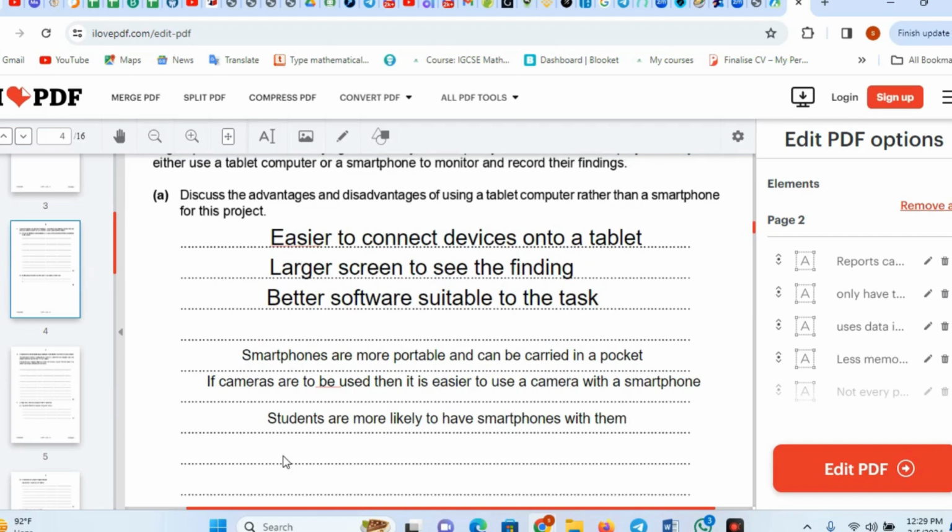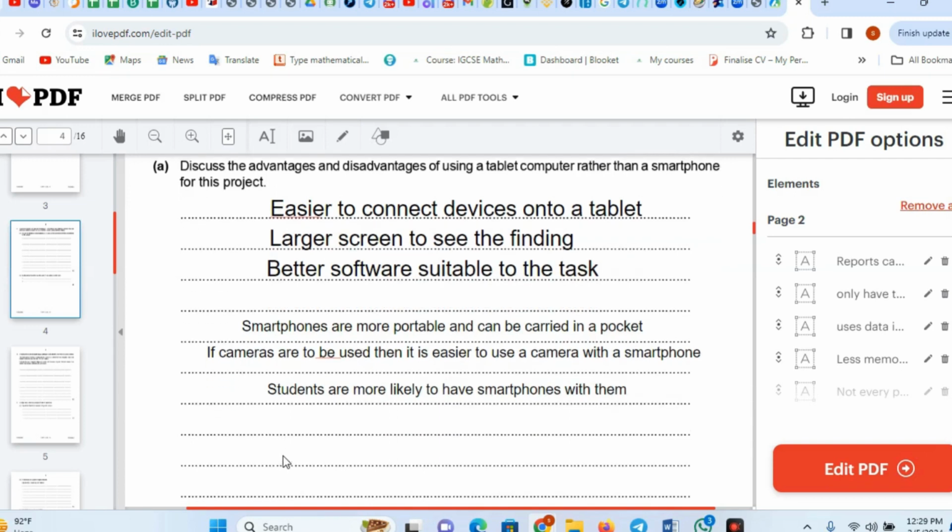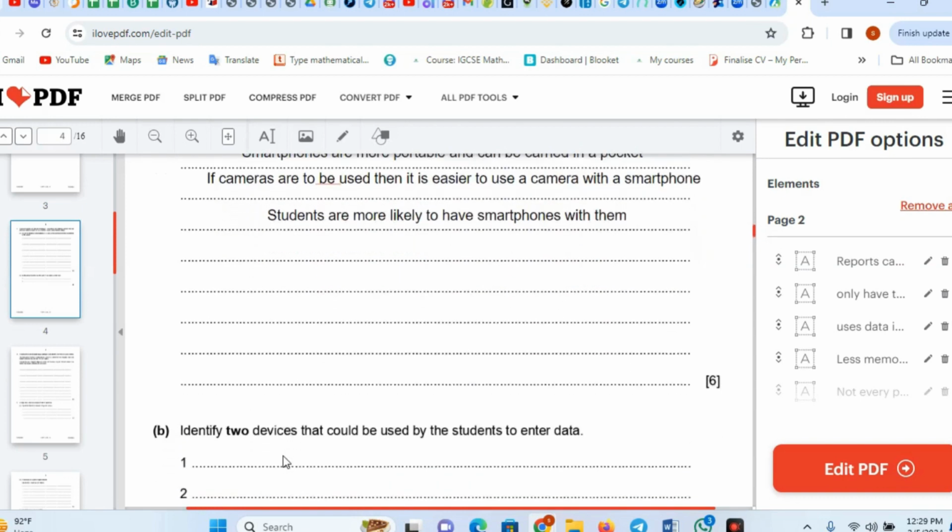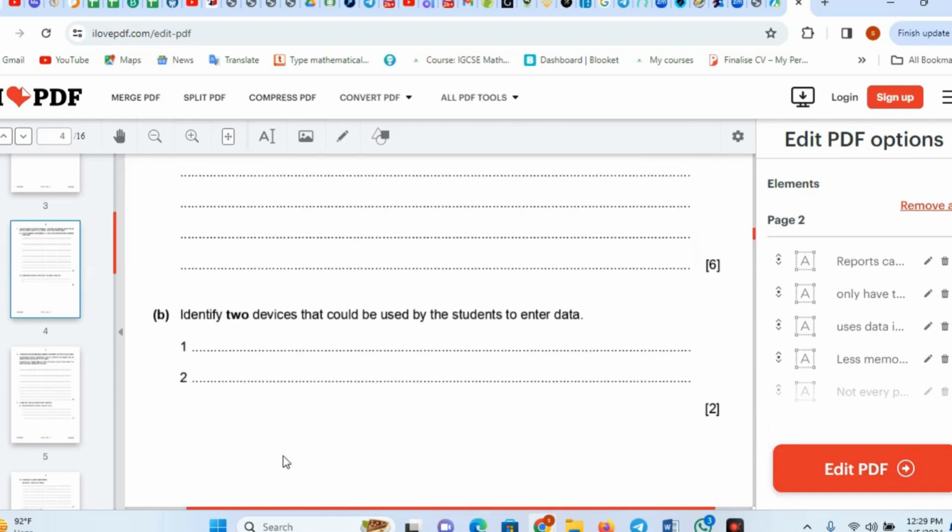When you write your own points, it is better you discuss them, just like I was discussing them with my mouth and I wasn't writing them down. These are just the basic points. Then you can write a few points about them. That's why you have a lengthy line there. Do you understand? All right.